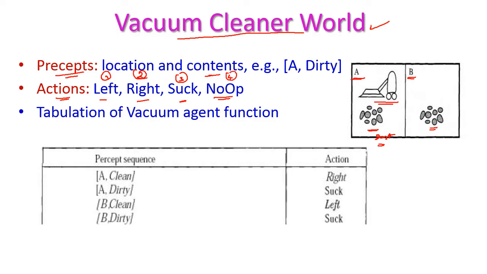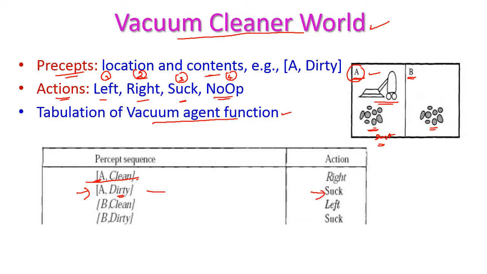We have a tabulation of vacuum agent functions. What functions is it going to perform? This is the location and this is the content. Currently the vacuum is in location A, and A is dirty. If it is dirty, then what action does it need to perform? Suck operation.